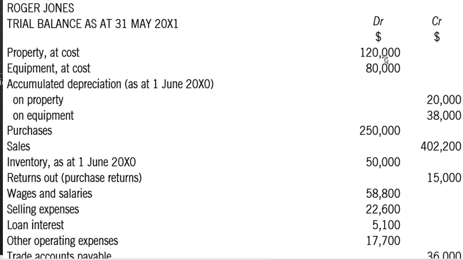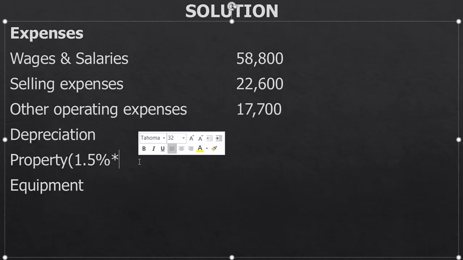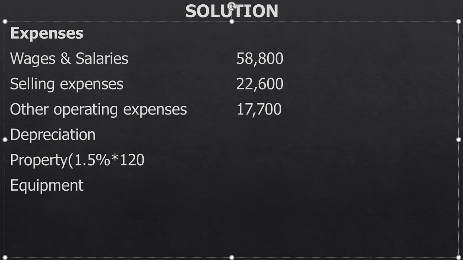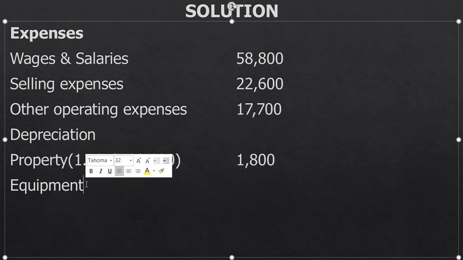And the original cost is 120,000. That is straight line every year. That is what the company suffers as depreciation. And 1.5% of that you get 1800. That is for property.